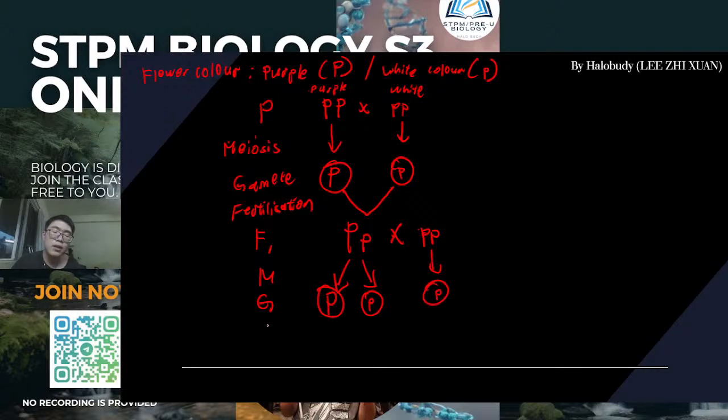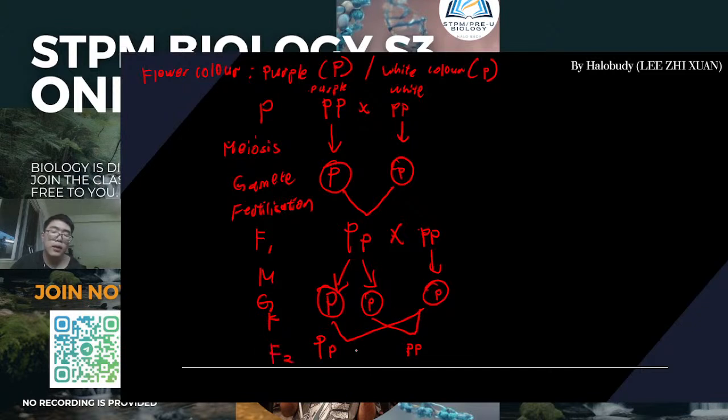Okay, when they do fertilization between both of these, they found that they will get two types of offspring. So this is F2.